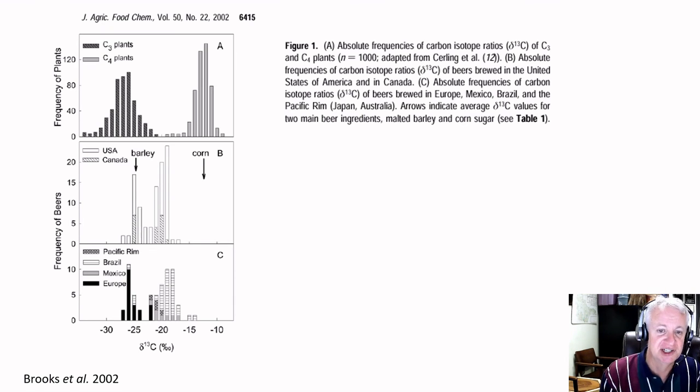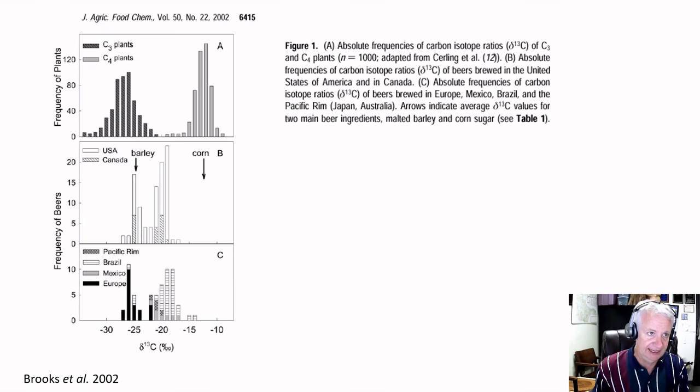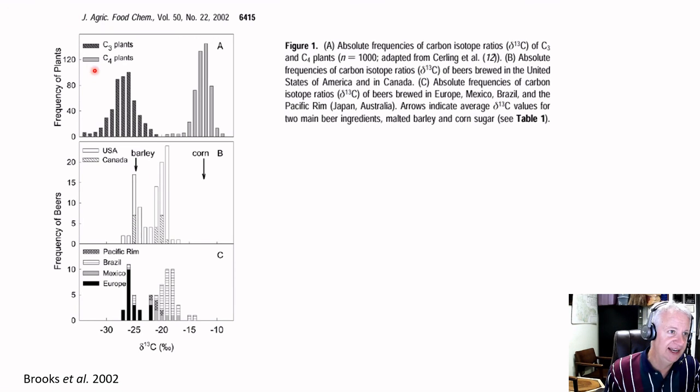So traditionally, beer is made from barley. Barley is a C3 plant. And so you can see they're showing here C3 plants have carbon isotope discriminations within this range, whereas C4 plants have a carbon isotope discrimination in this range.